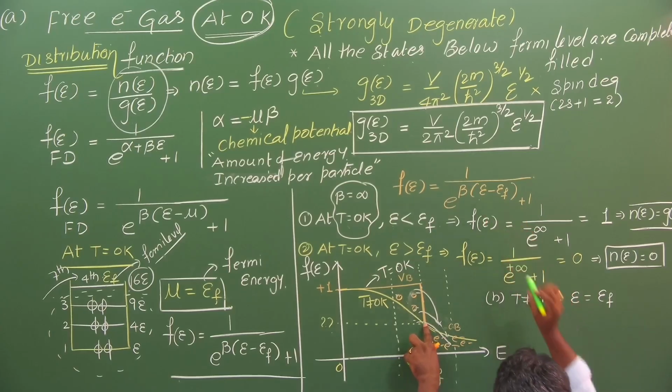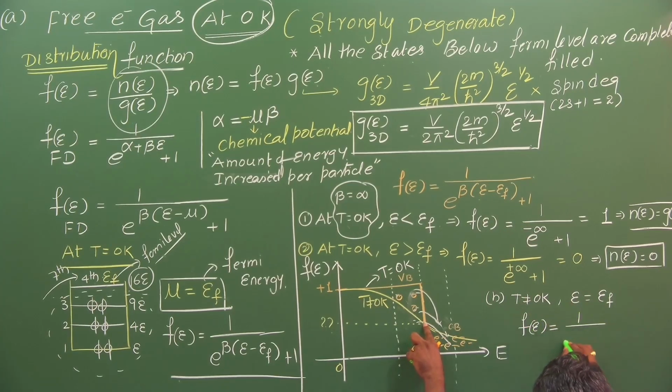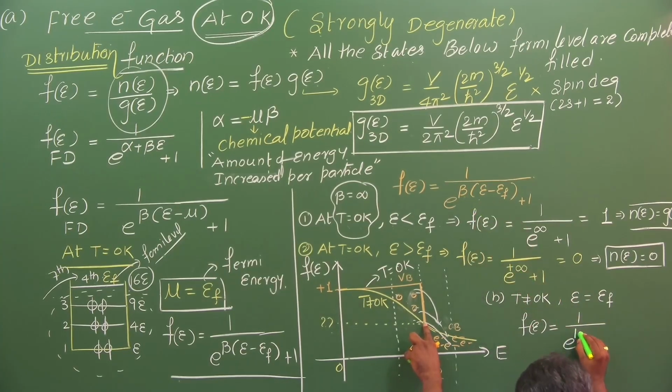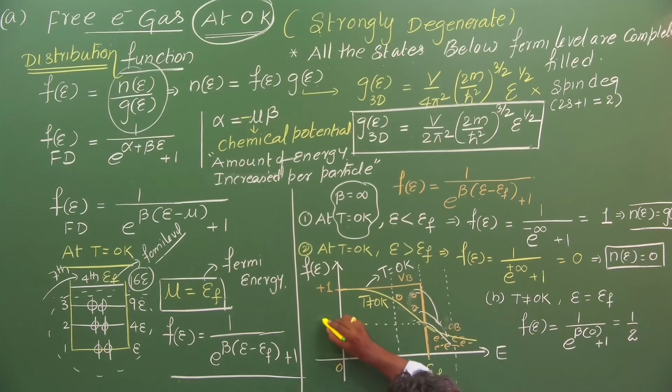Now go to the distribution function. F of E equal to 1 by e raised to beta (E minus EF) plus 1, and here E minus EF is 0. So exactly how much?